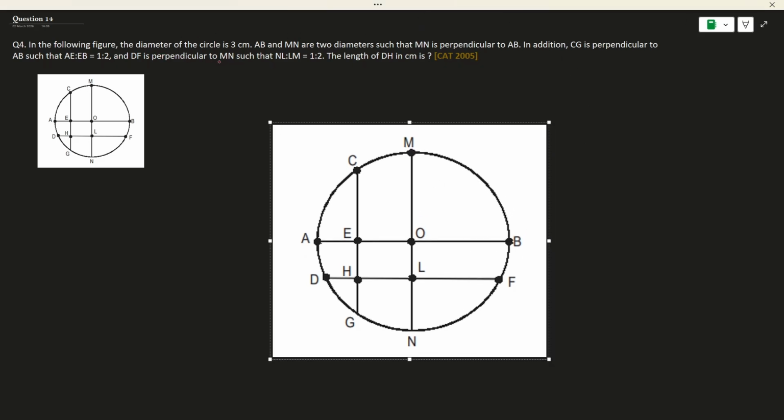So we are given the diameter of the circle is 3 centimeters. So if diameter is 3, the radius will be 3 by 2, so this is 1.5 centimeters. AB and MN are two diameters, so this is also 1.5 centimeters.